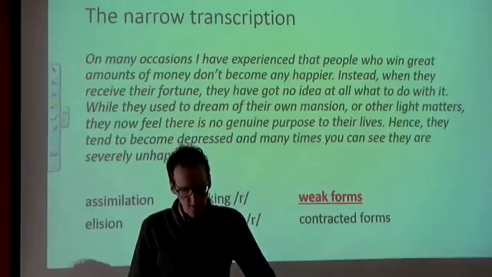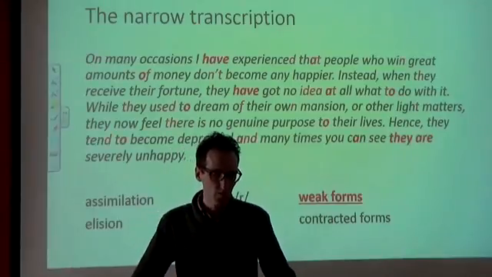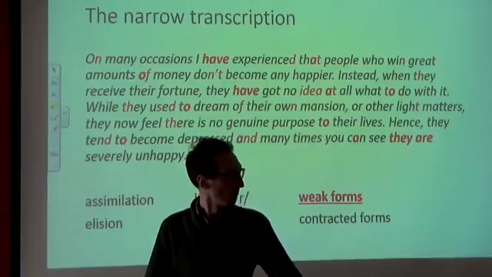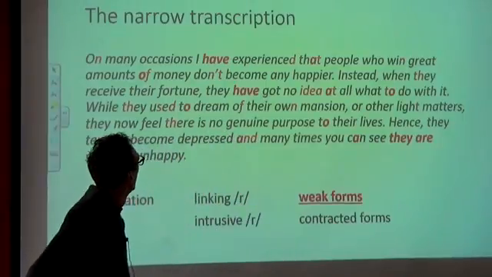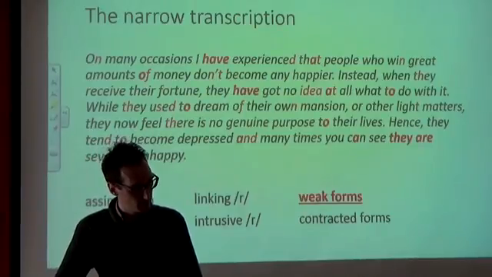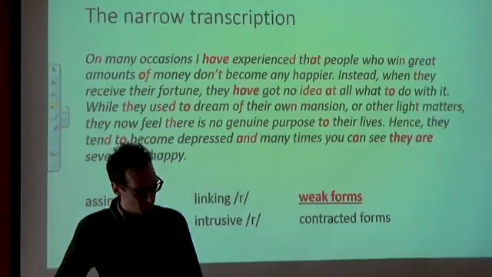Right, I'll show you the answers. As you can see, I made all the weak forms bold here. Have, that, second line, of, third line, have, and at, and to, fourth line, to, fifth line, to, sixth line, to, and can, and they are.